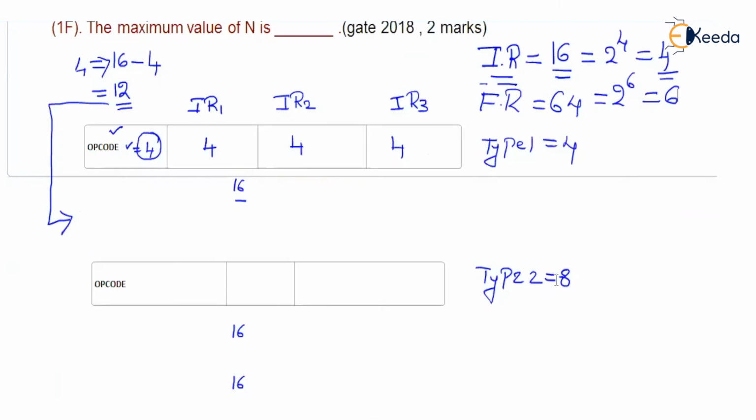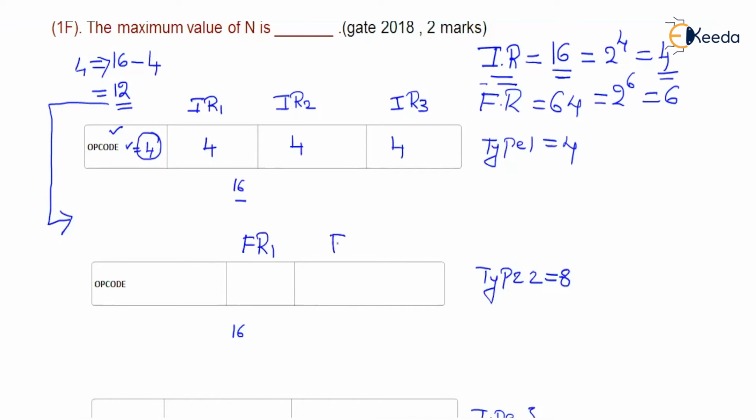In type 2 instructions, in addition to the opcode, I have FR1, floating point register 1, and floating point register 2. Each field will take 6 digits, and 6 plus 6 is equal to 12. The opcode in this case is also equal to 4 digits, as in the type 1 instructions.